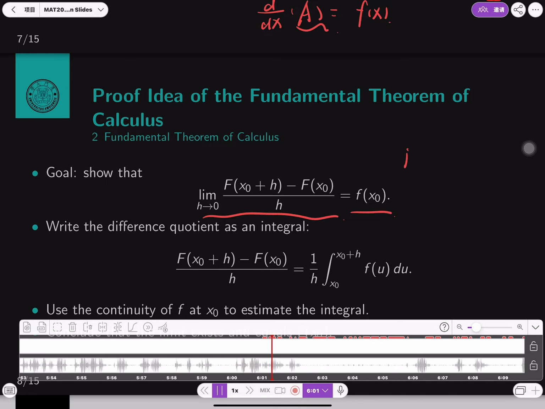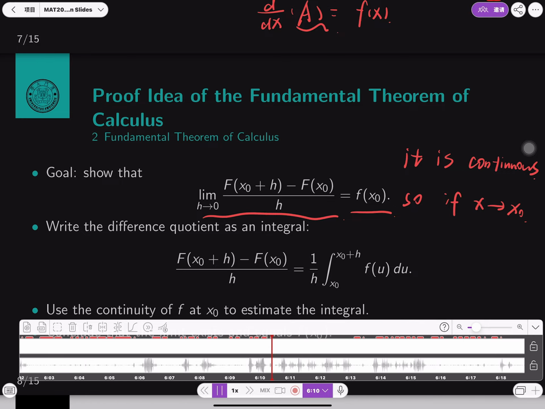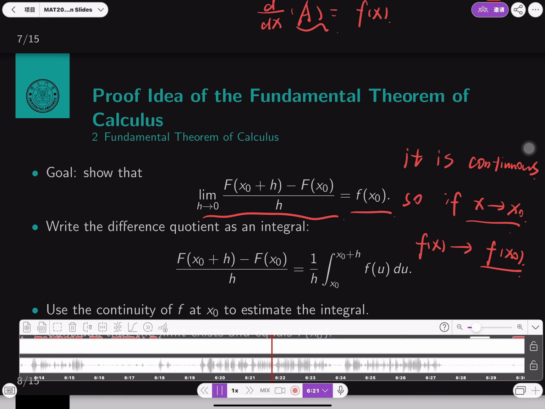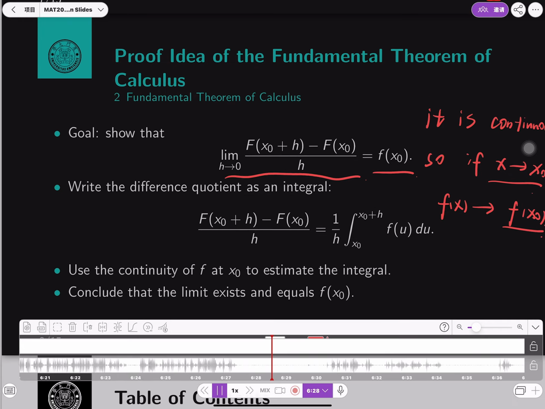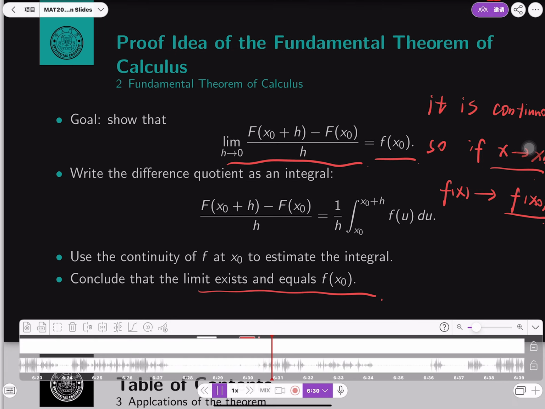Because it is continuous, right? So as x gets closer and closer to x0, f(x) approaches f(x0). This allows us to estimate the integral and show that the limit exists. Therefore, continuity plays a crucial role in the proof. This is the idea of the proof of the fundamental theorem of calculus.